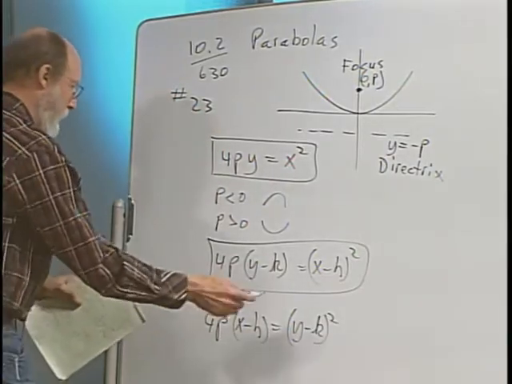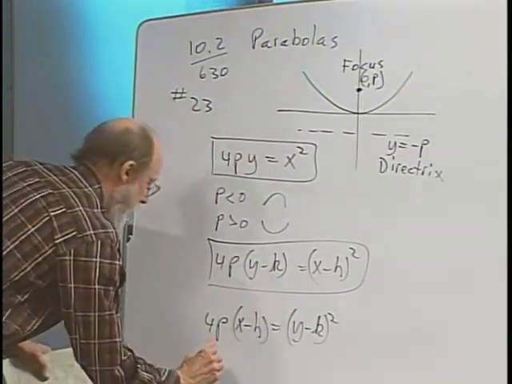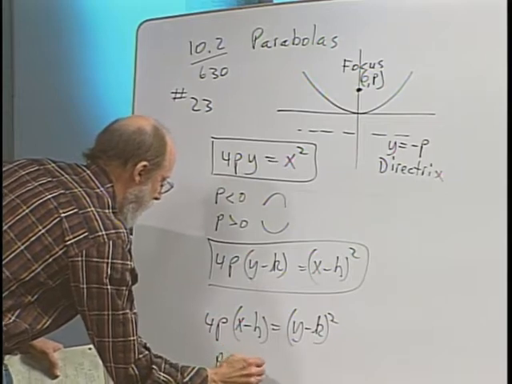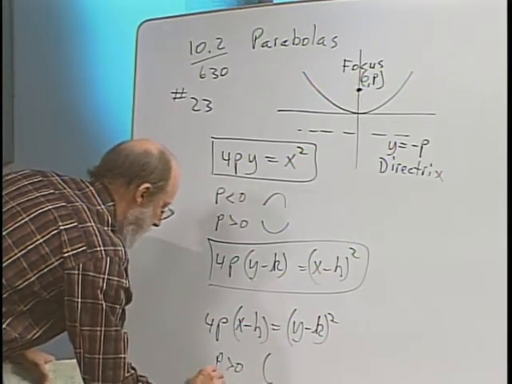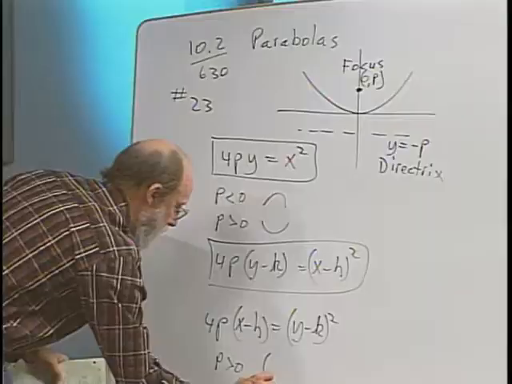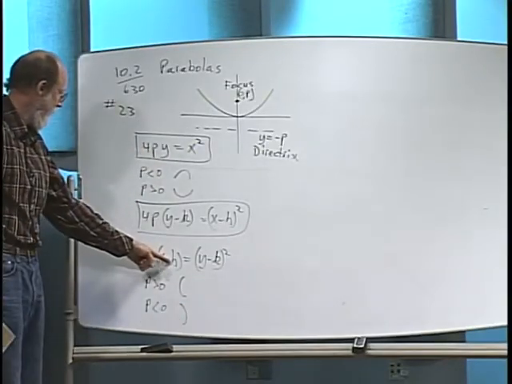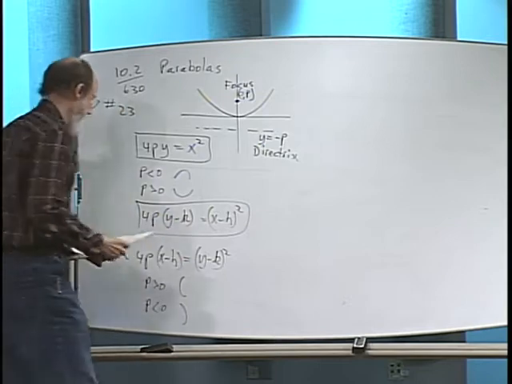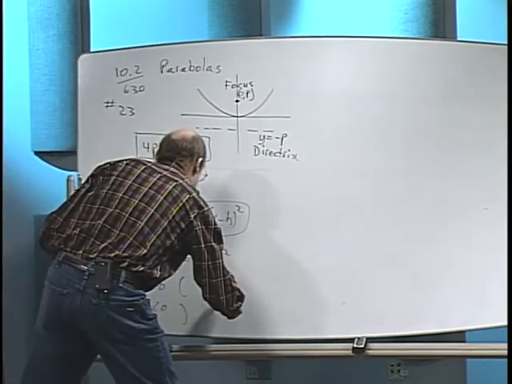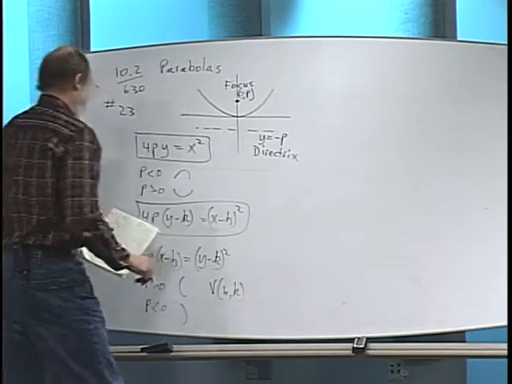So this would be a right or left opening one. Again, if p is greater than 0, this is going to open to the right. If the p-value is less than 0, it will open to the left, shifted to a vertex location at some h, k. And similarly up here.